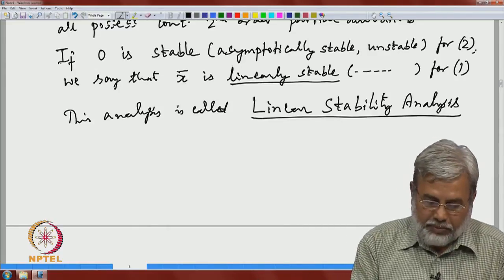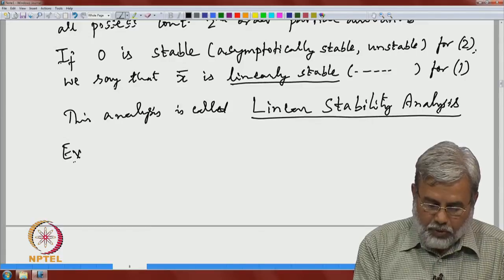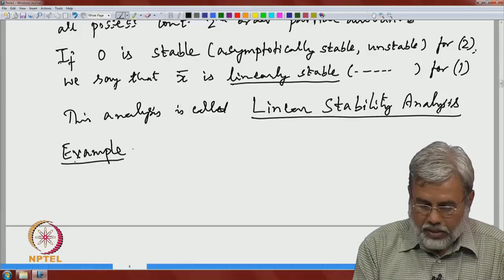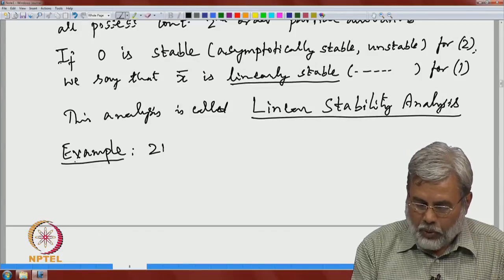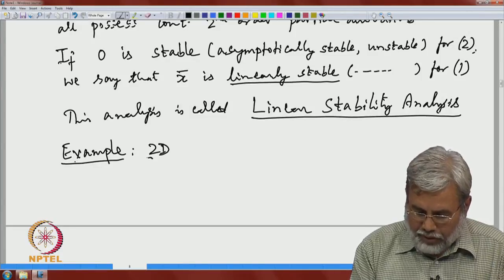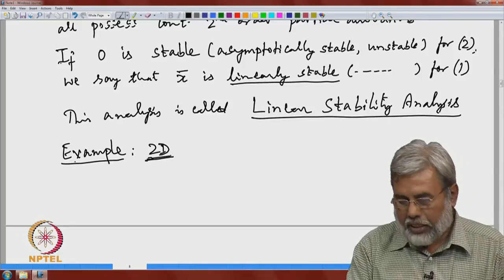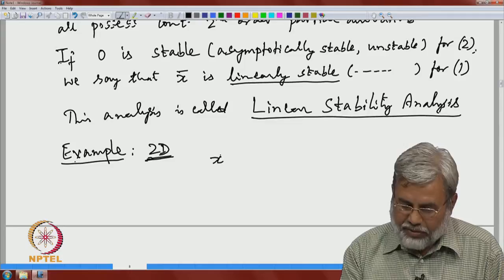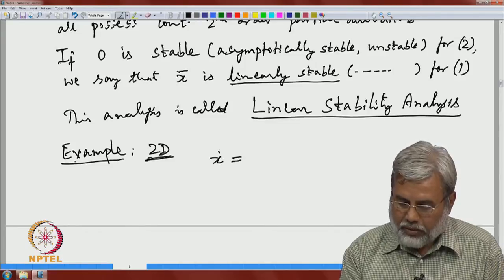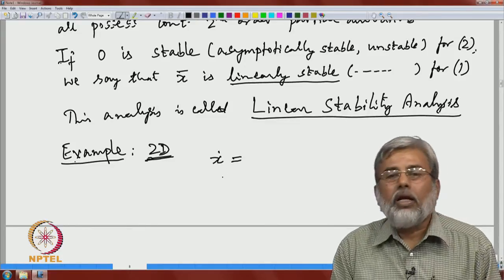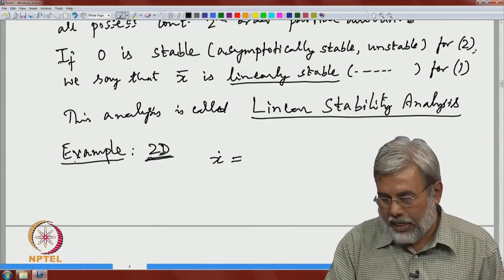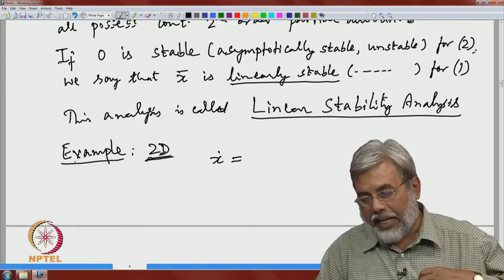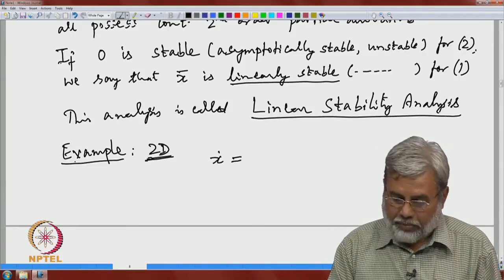So, example before we go on further. 2D. So, now hereafter most examples will be 2D. So, this is again a very standard one to indicate that linear stability analysis will not indicate anything regarding the original system.